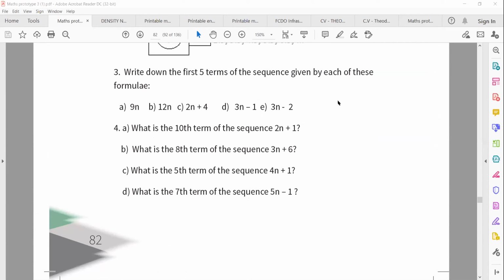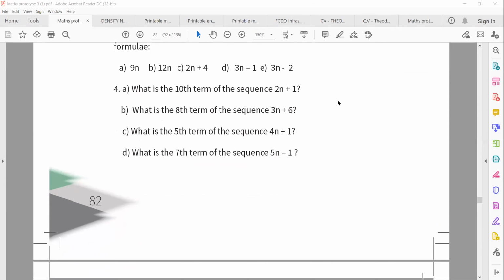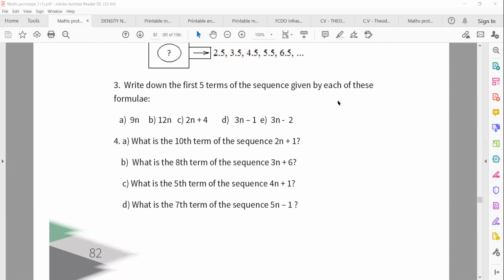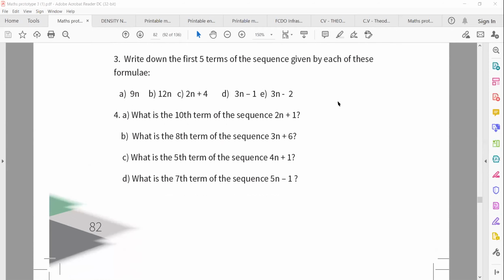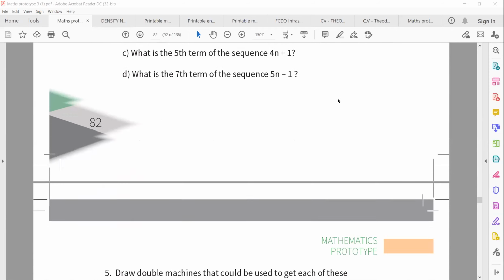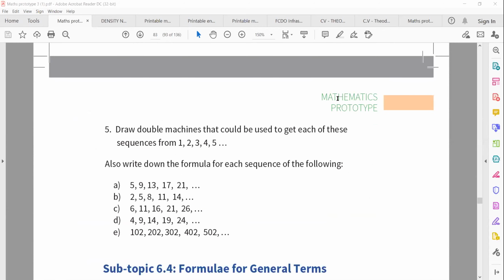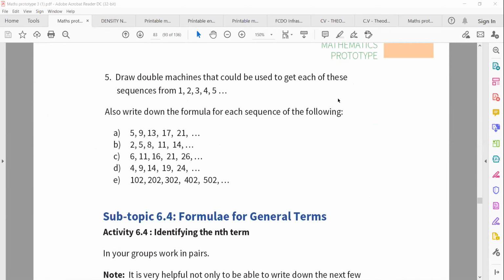We can take maybe 10 minutes there, and they try to work out number 3, number 4, and number 5. When you return, we can ask them to share what they have come up with from their rooms. I think that would make more sense.